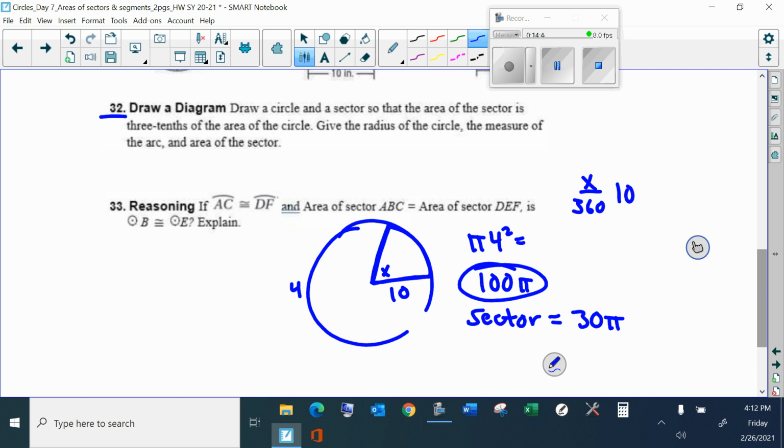So 100 pi, and then it has to come out to be 30 pi, the area of that sector. Okay, so now you need to solve for x, and that'll be the measure of the arc.